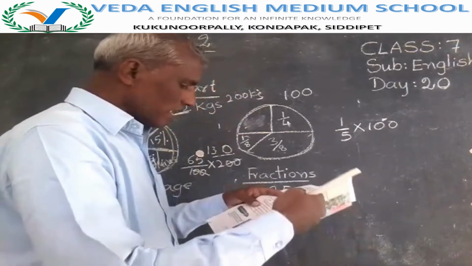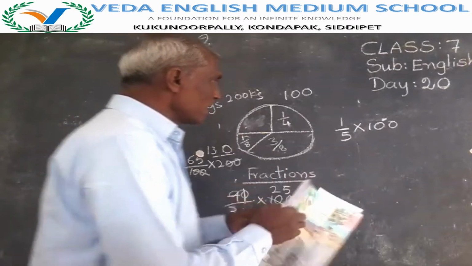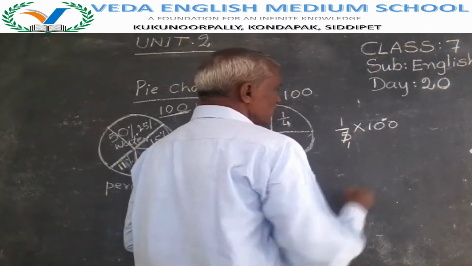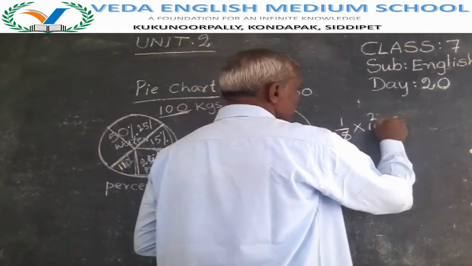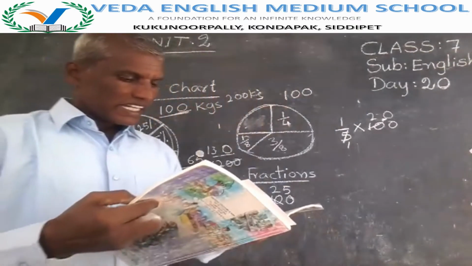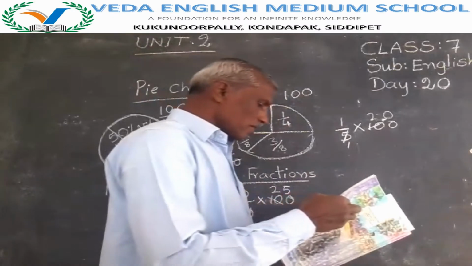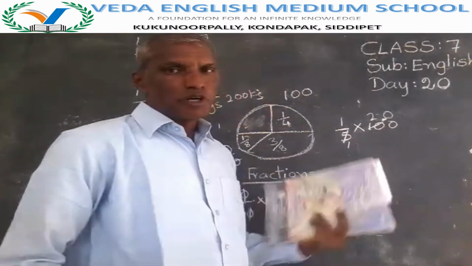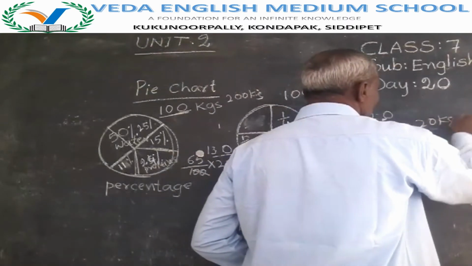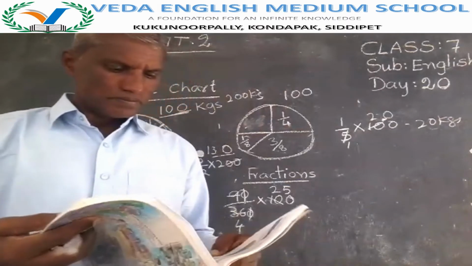Here you see bones are 1 by 5. So 5 ones are 5, 5 twos are 10 and 0. That means how much is it? 20 kgs. So the person's bones weigh about 20 kgs. Okay, the third one is 20 kgs.